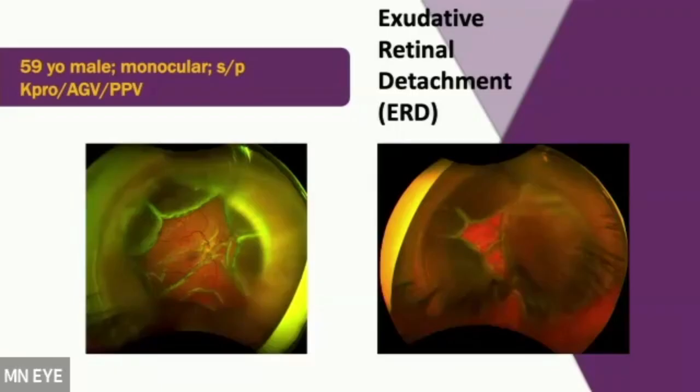So then this is a more severe and extreme form of exudative retina detachment. 59-year-old monocular, going to get a corneal graft because cornea is bad, glaucoma implant because pressure is bad, and I'm just peripherally involved to do vitrectomy and come out because I'm going to just clean the vitreous for glaucoma tube.